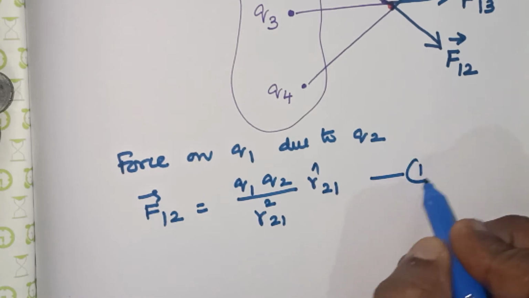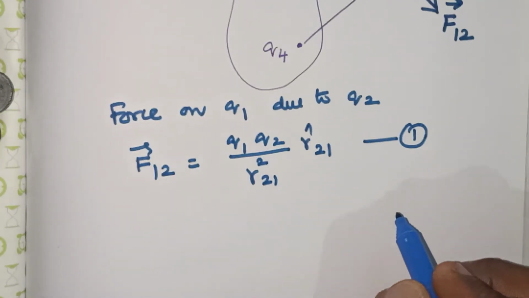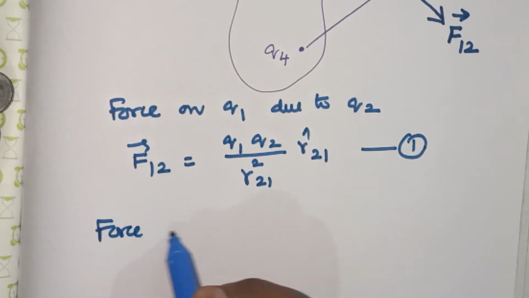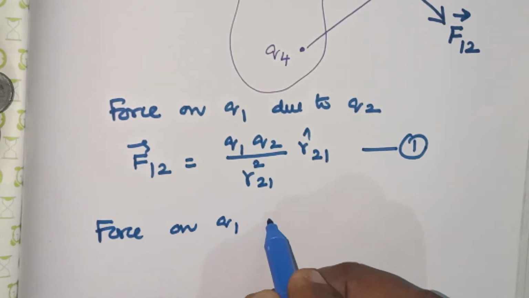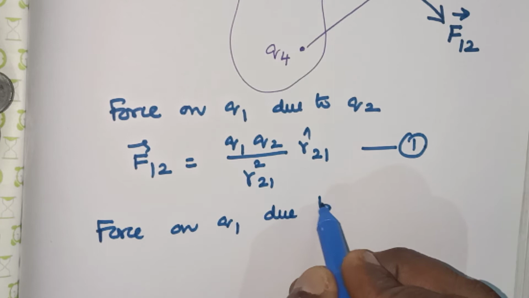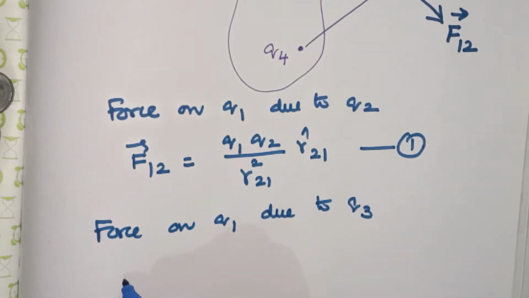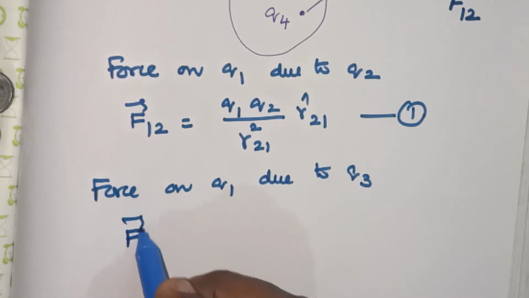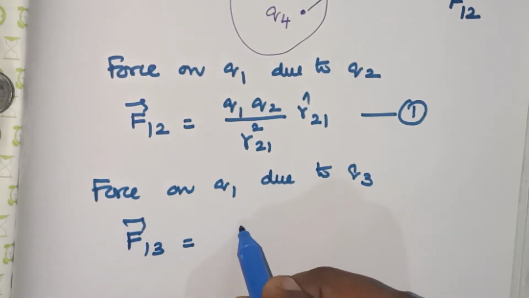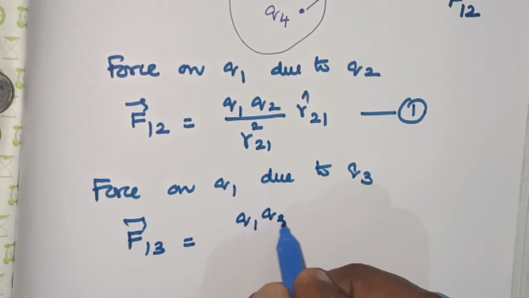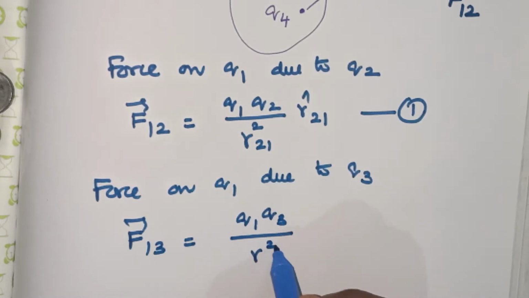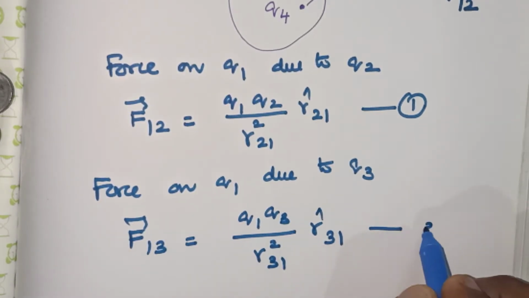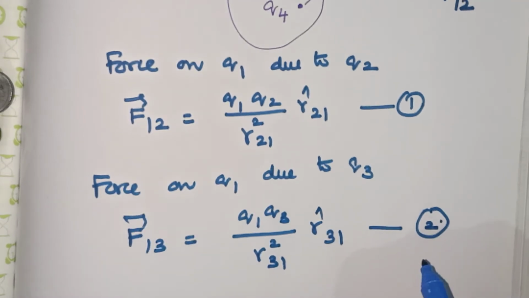Take this as equation number 1. Next, force on Q1 due to Q3. So we can write F13 equals Q1 Q3 by R square 31 R cap 31. Take this as equation number 2.